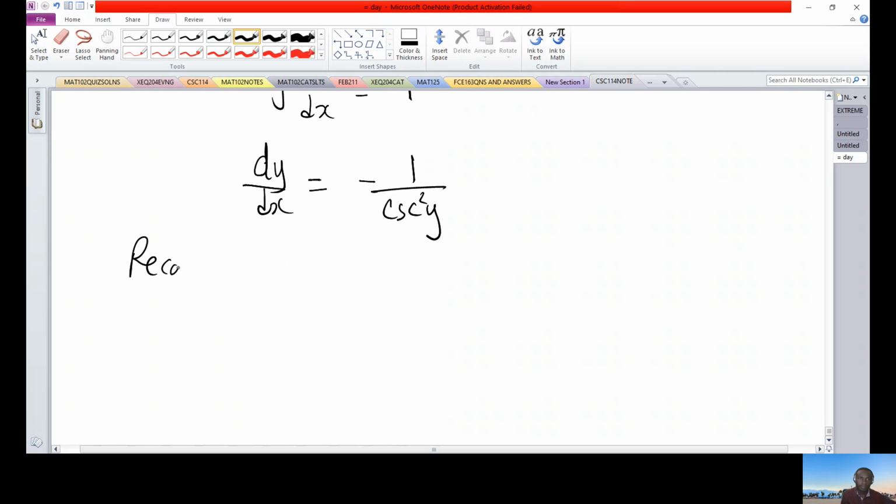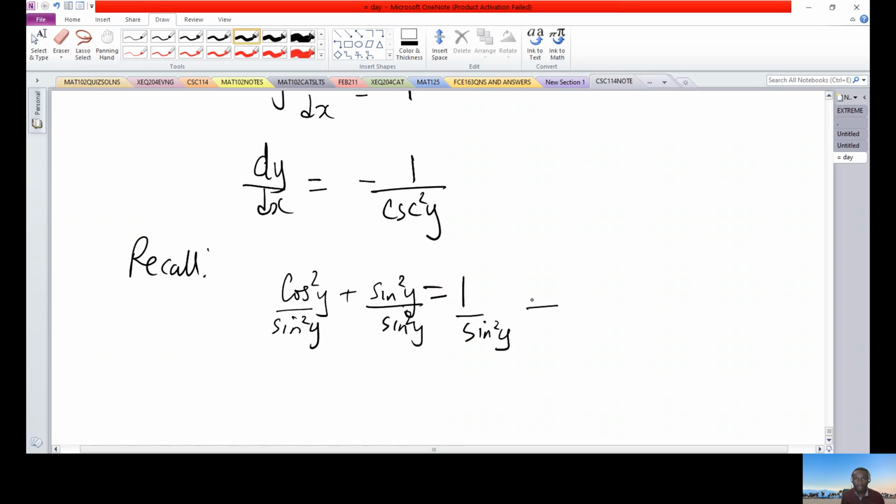Recall that cos squared y plus sine squared y is 1. So to get cosec, you need to have sine. So divide this equation by sine squared y. By doing this, this will give us cot squared y plus 1 equals 1 over sine squared y, which is cosec squared y.